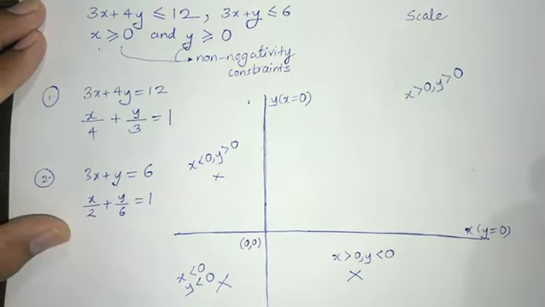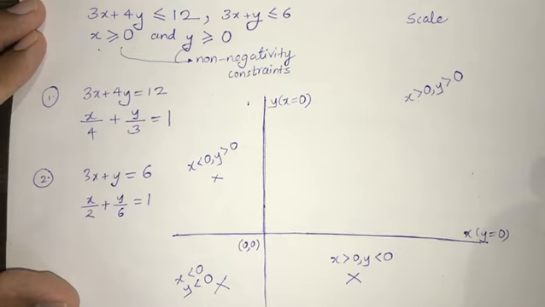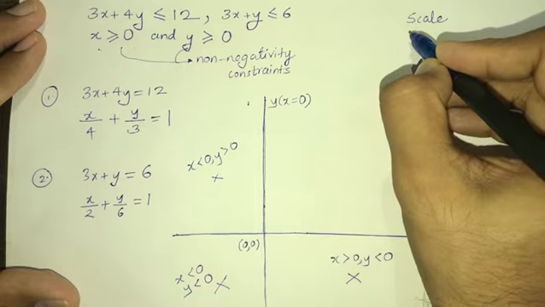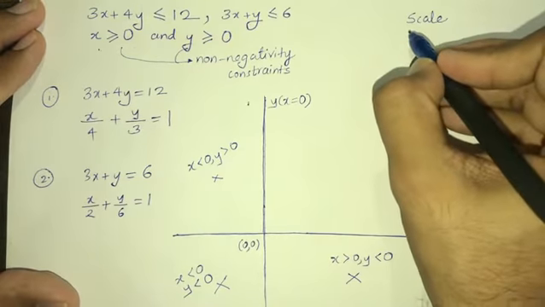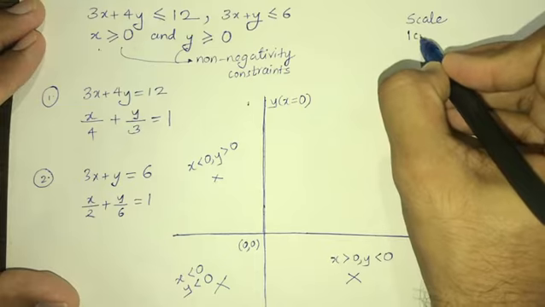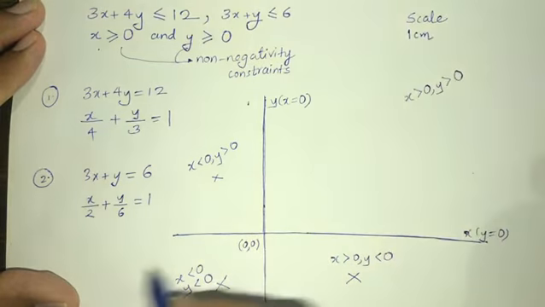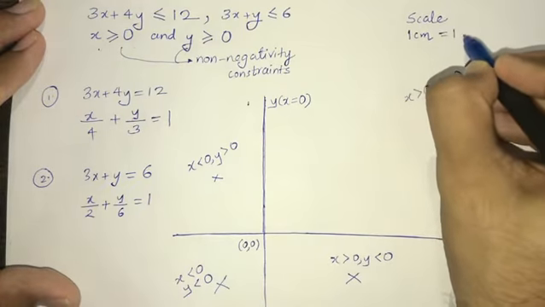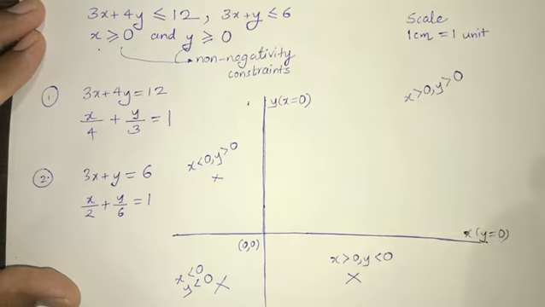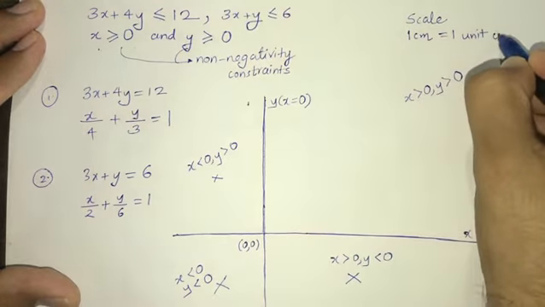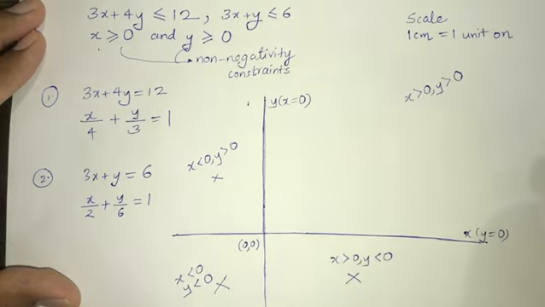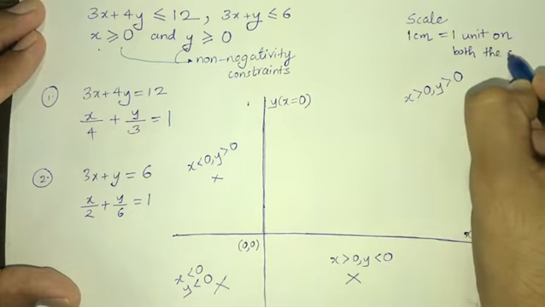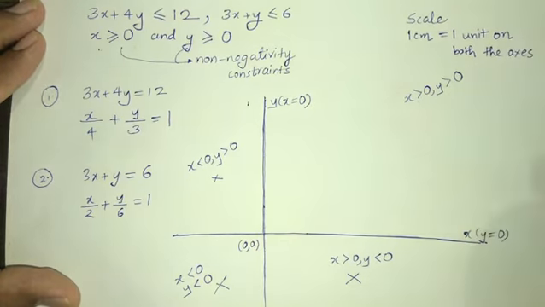You might not get graph paper while writing the solution for this type of question in boards, but you can still have a scale and use the ruler to do proper measurements. You can take 1 centimeter as 1 unit on both the axes, because the intercepts are small. So that you can do here.